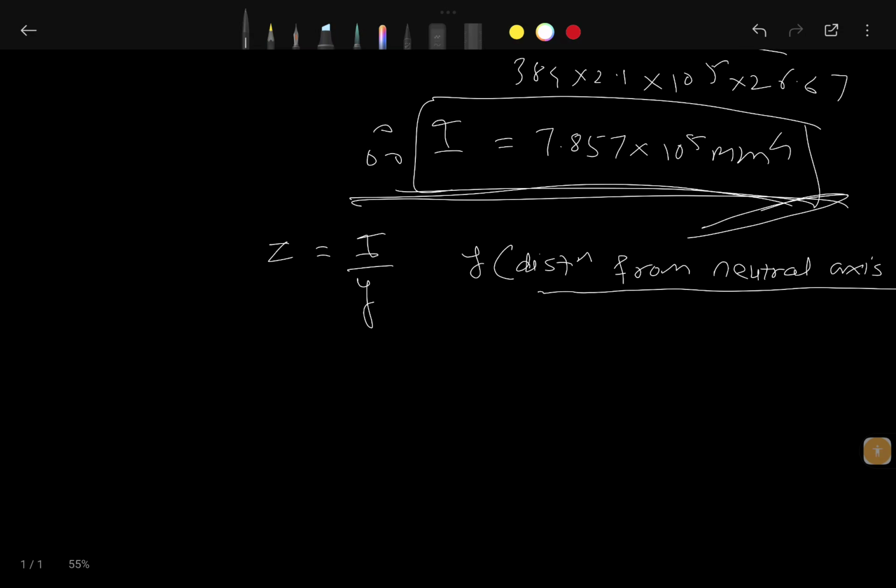Here Z will come 17,424. Suppose we use a Z purlin or C purlin with depth of 150 mm. So Y is equal to 75 mm.